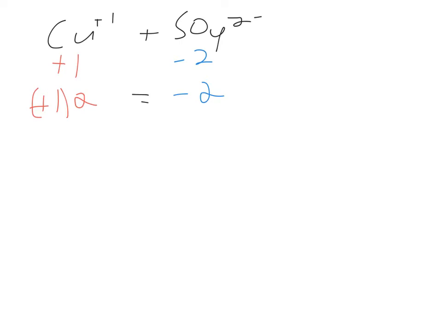I guess they won't explicitly be equal, so ignore that. So in other words, I can write the formula Cu2SO4. And this doesn't have a charge because the two copper ions together cancel out the minus 2. So that works the same way.